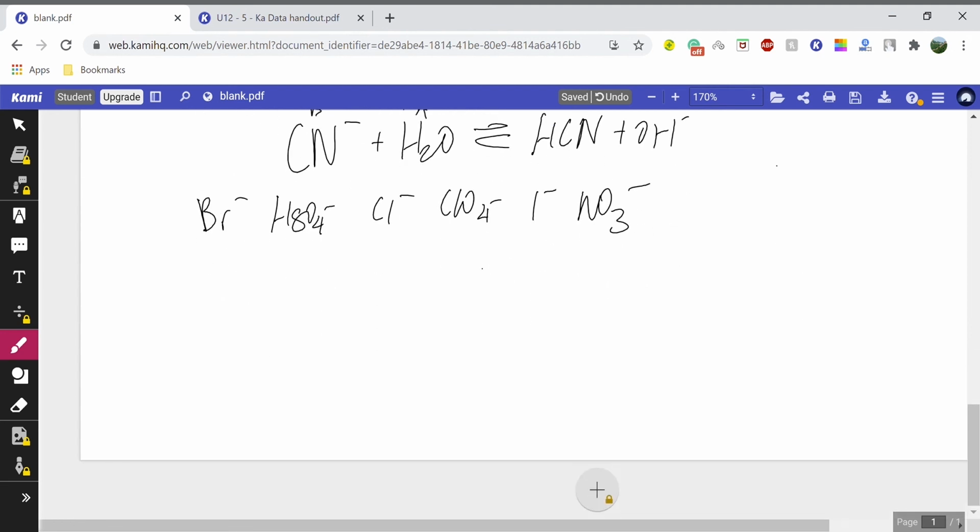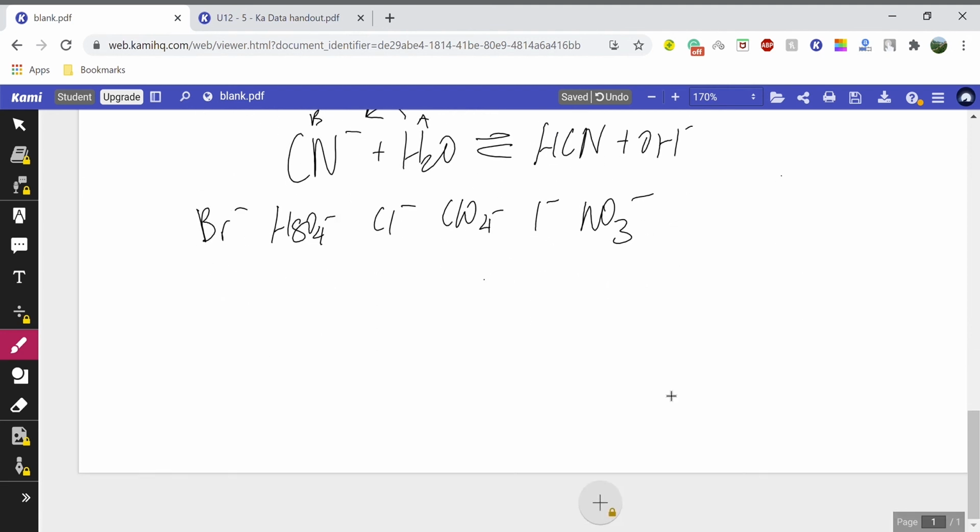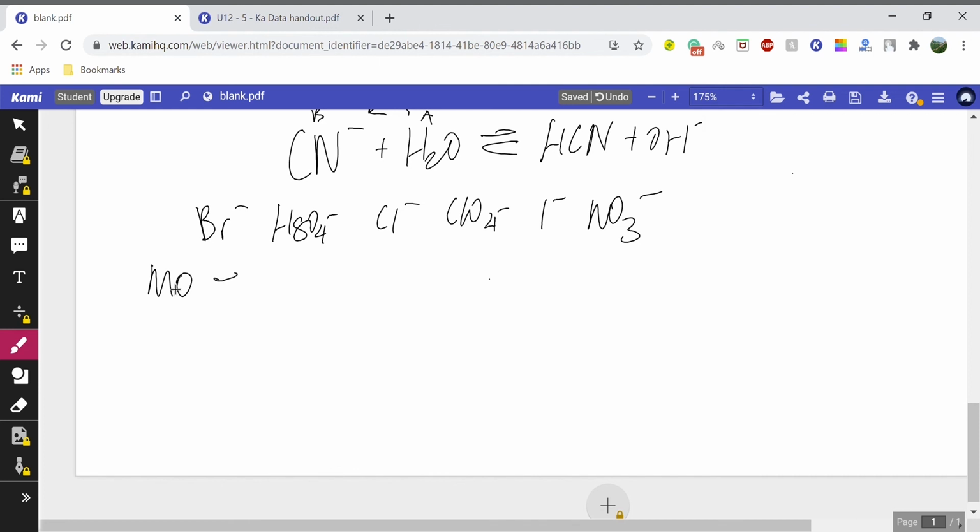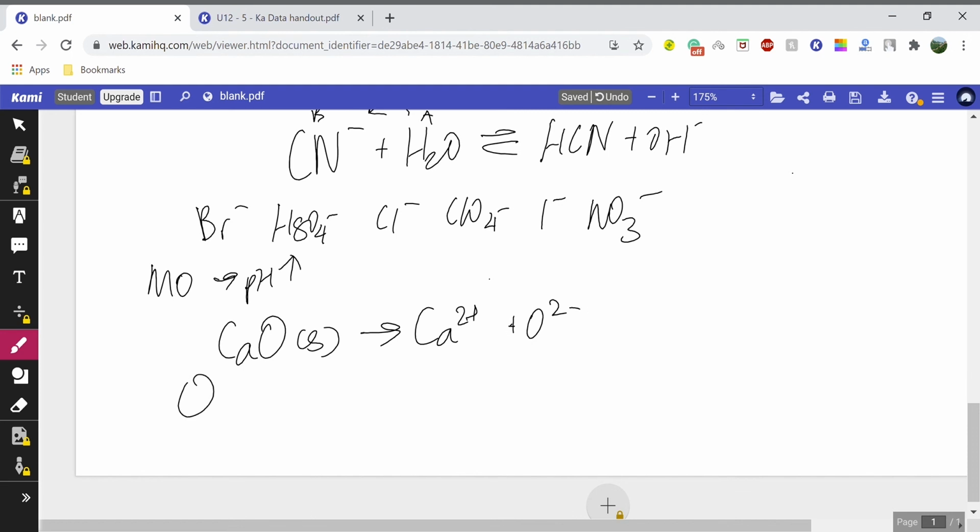And finally, metal oxides make solutions basic. For example, CaO, this solid metal oxide, will form Ca2 plus and O2 minus. Now, this O2 minus will be able to react with water, H2O liquid, to form 2 OH minus.